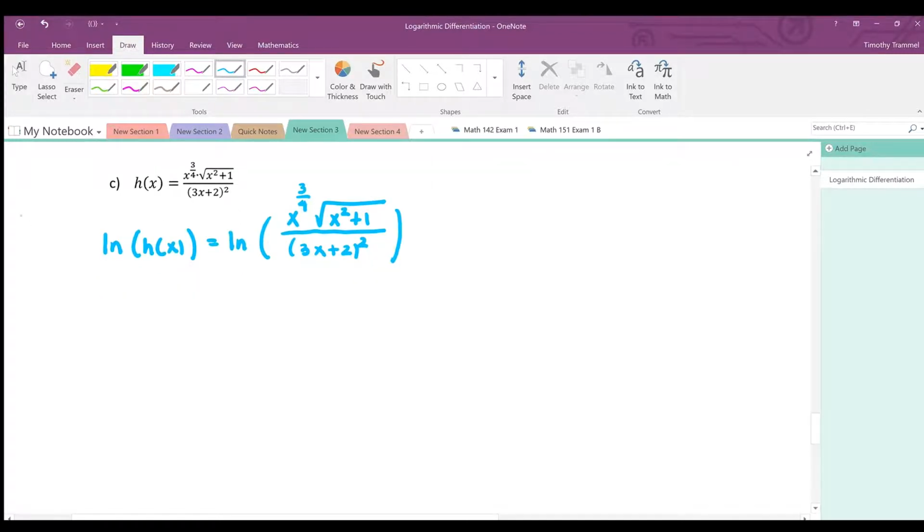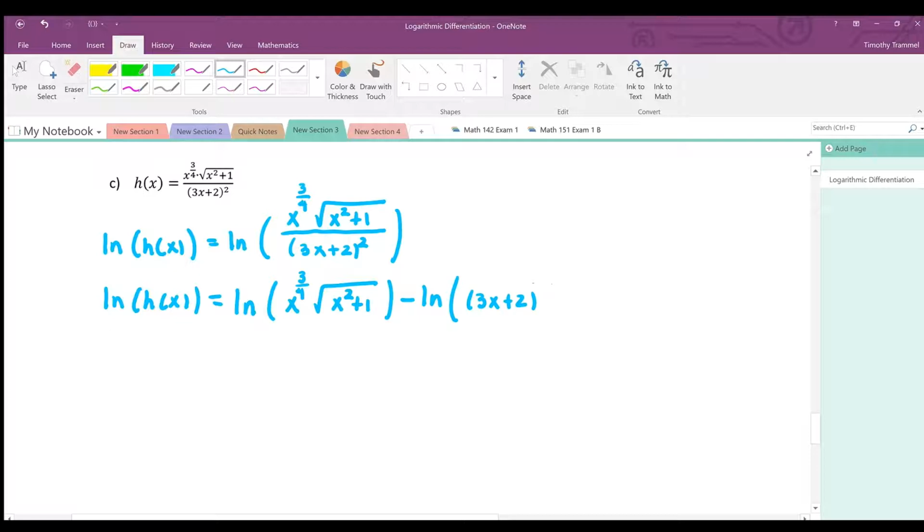So we still have the natural log of h of x, and what I'm going to do first is we have this division going here. It's called a quotient, right? And we can rewrite this as the natural log of x to the 3/4 times the square root of x squared plus 1, minus the natural log of 3x plus 2 squared.